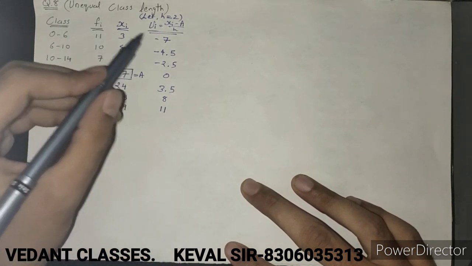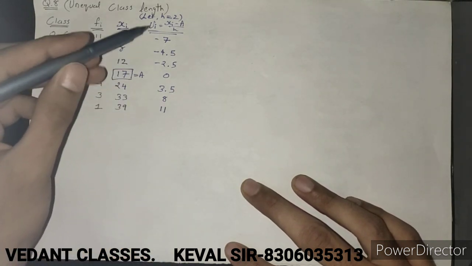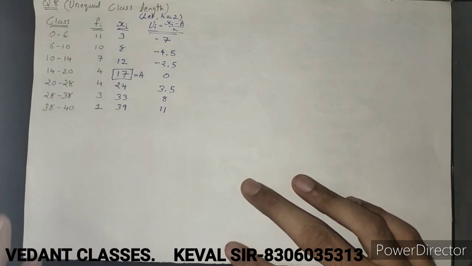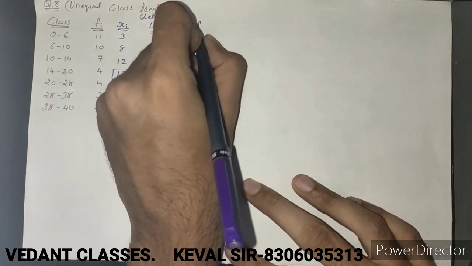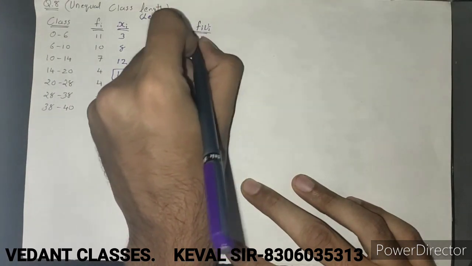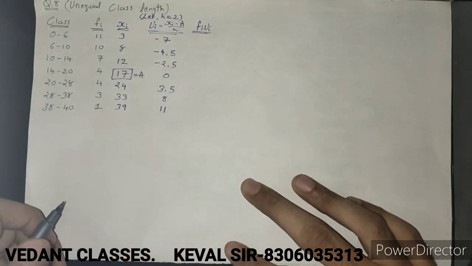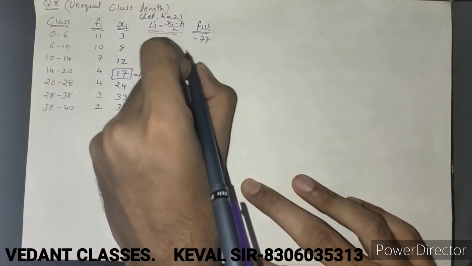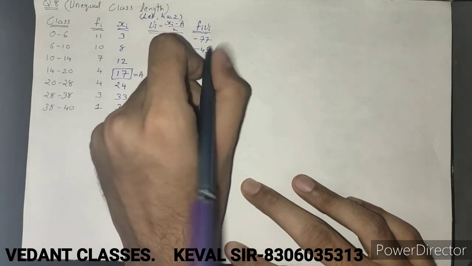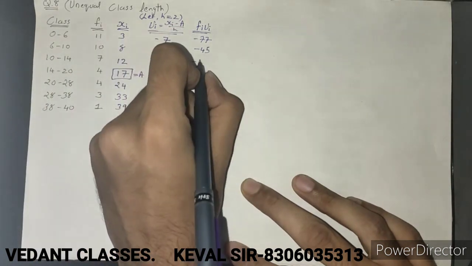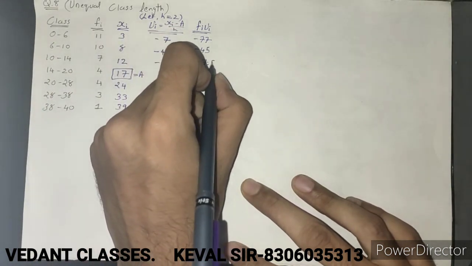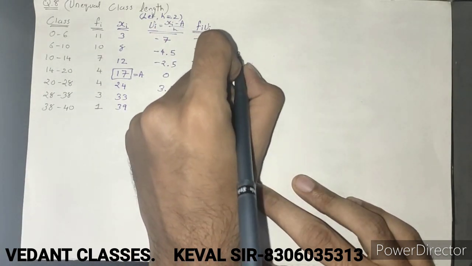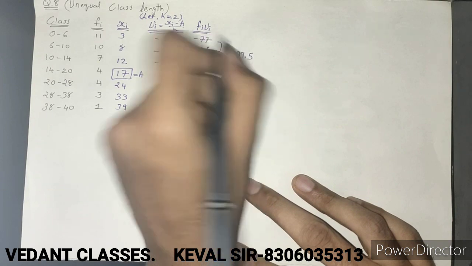Okay, so this is how, see, you will not get minus 1, minus 2, minus 3, 1, 2 and 3 in this type of question. So that is the reason it is a bit difficult to use in such questions. Okay, now let's calculate the value of fi ui. In first it is minus 77, then minus 45, then minus 17.5, the net value for this one will be minus 139.5.